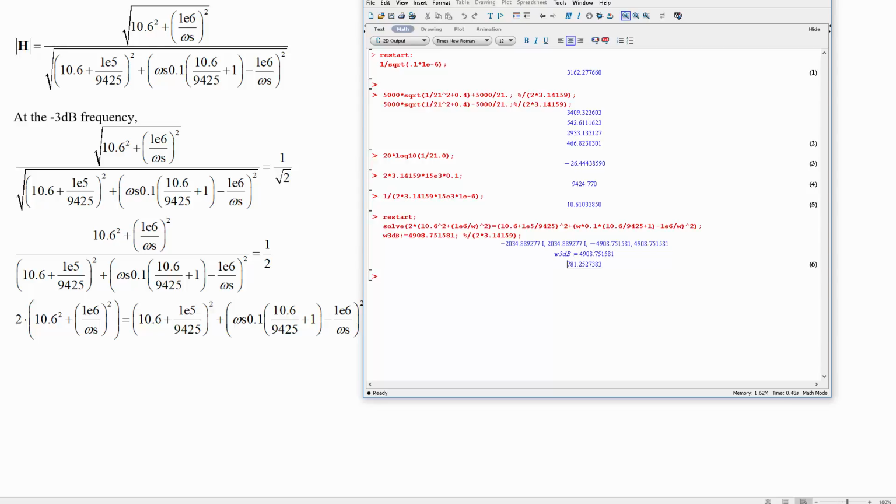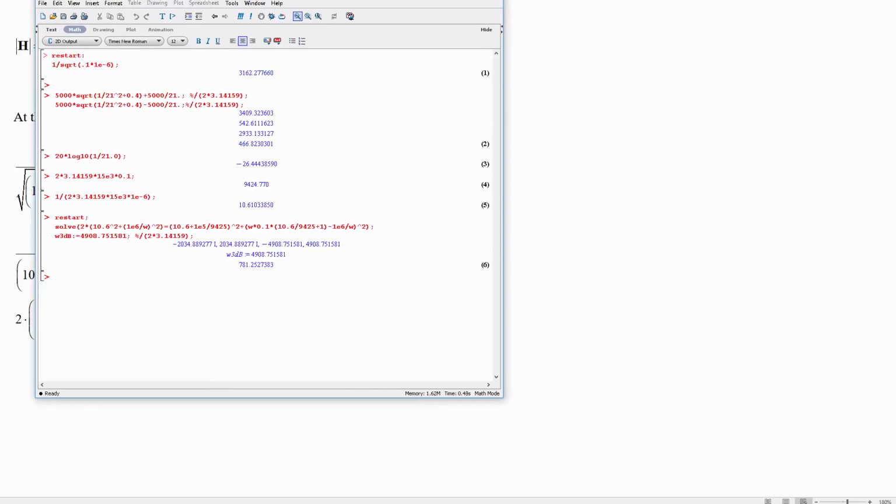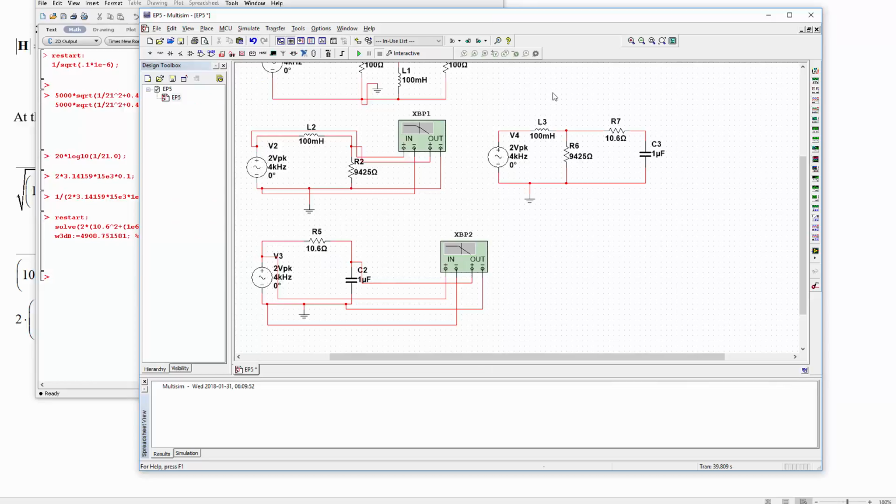So let's have a look at what Multisim says and check whether or not that's the case. So we'll need another Bode plotter tool, put our input there, and input there, and then the output just across the capacitor. And let's see what we get.